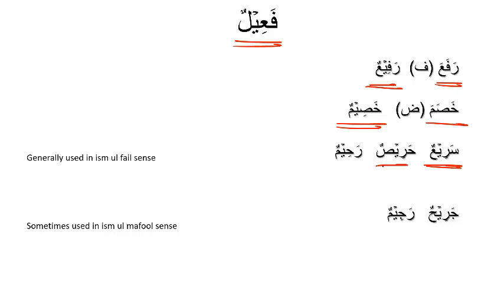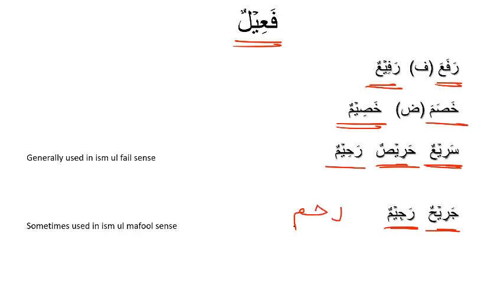So all these are not just nouns that are describing something. Harisun means one who is very envious. Rahimun means one who has a lot of raham. Jarihun means someone who is injured. And does anybody know what rajimun means? Rajam means to stone.